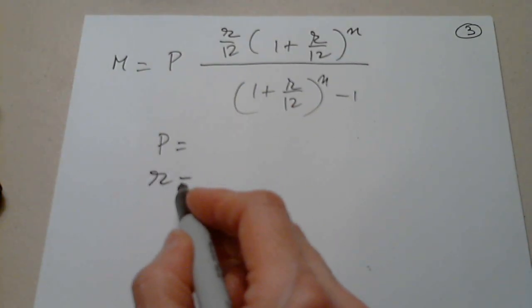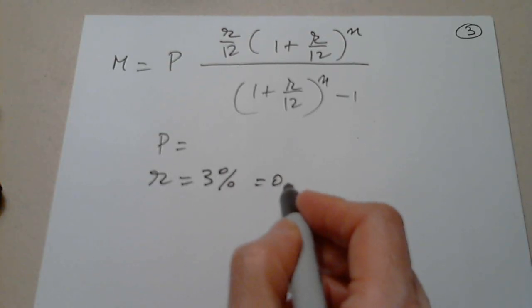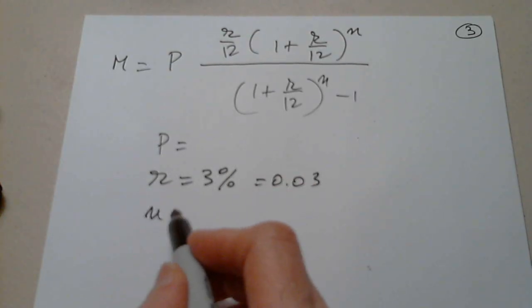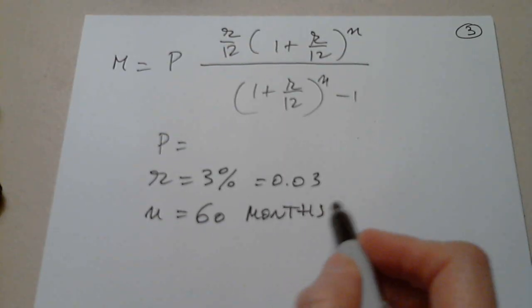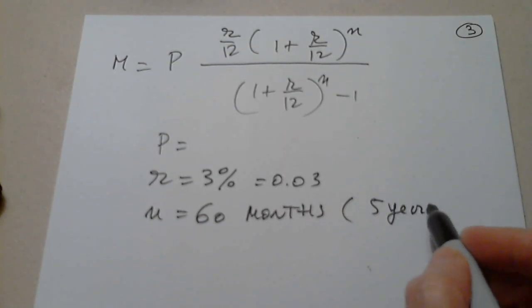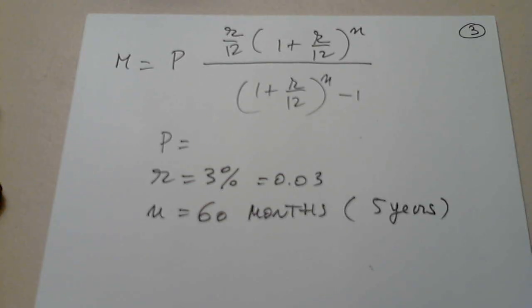And let's say at 3% interest rate, which is 0.03. Now let's say n equals 60 months or 5 years. So how much do we want to borrow? What car do we want to buy? Or what house, how much do we want to borrow? Anybody?